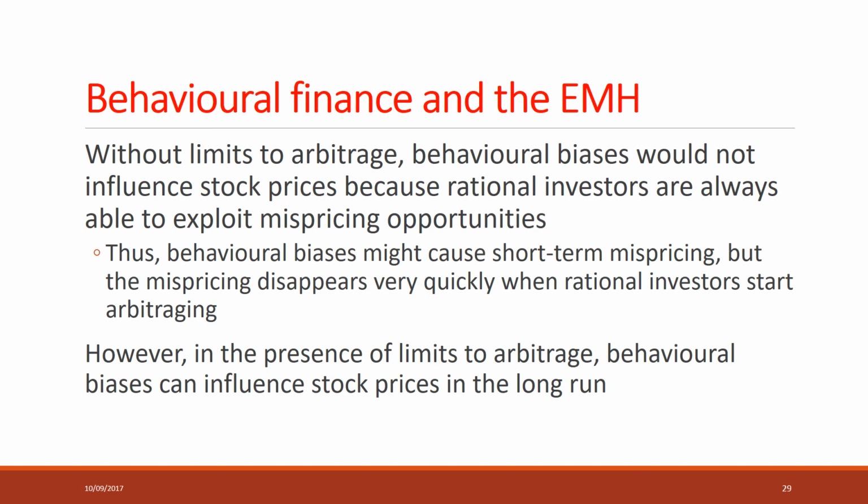The presence of behavioral biases together with limits to arbitrage would make the market inefficient. So you need to have two conditions for the market to be inefficient. One is investors being irrational. The other one is that there are limits to arbitrage. So this concludes the second part of market efficiency.